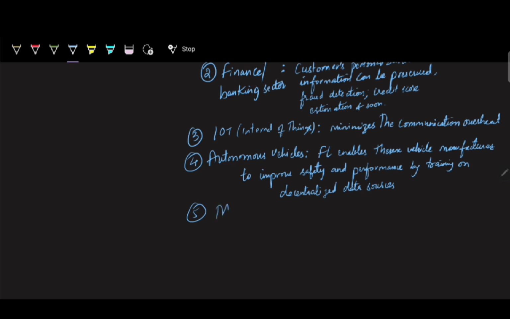Next, we have the manufacturing industry. In manufacturing, different production facilities may have distinct operational conditions. Now, FL allows these facilities to share knowledge for optimizing processes without sharing any sensitive data.